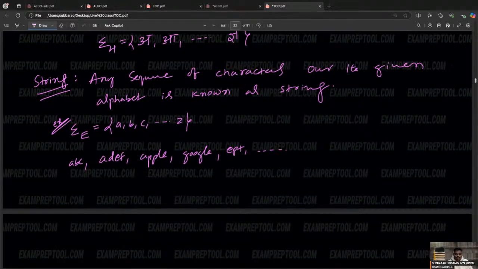I hope until now everyone is comfortable. Any sequence of characters over the given alphabet you take is known as a string. Sigma E: ABC, ADEF, apple, Google, and so on. Is it okay? Can we move further?